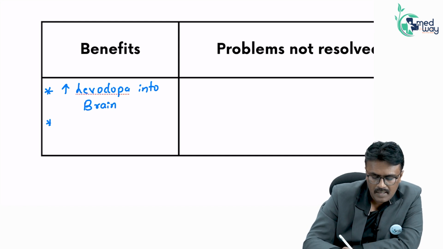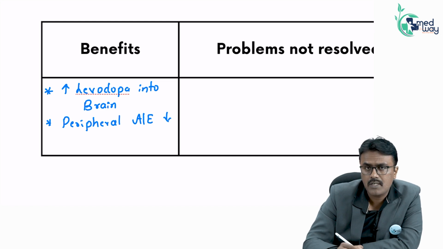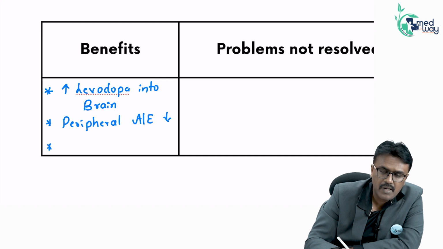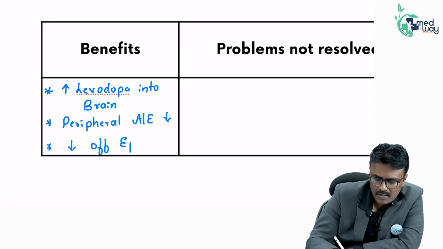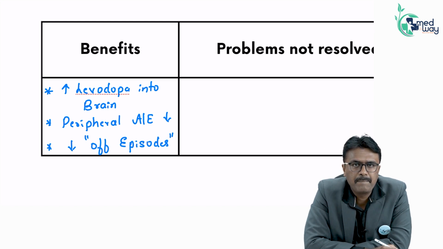Second, the peripheral adverse effects decrease: the arrhythmia, nausea and vomiting, and hypertension decrease. Then the combination decreases a phenomenon called off episodes. So the three advantages are: more levodopa enters the brain, there are reduced off episodes, and peripheral adverse effects decrease.